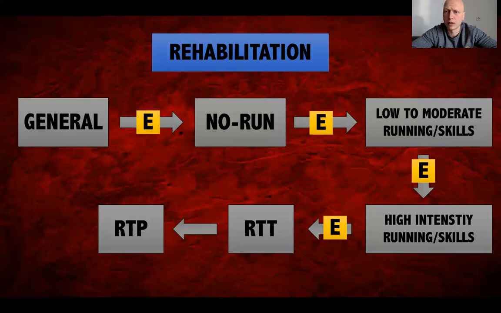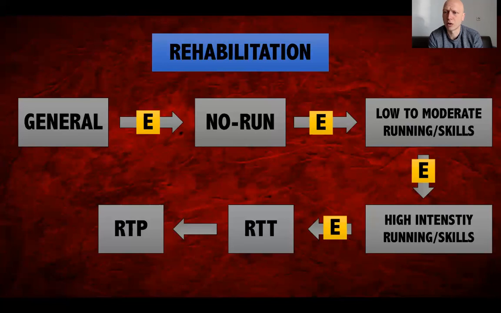Then later on we will evaluate again the strength and function of hamstring muscles, and then if everything is okay regarding that, we can progress to low and moderate running, and of course if we are talking about in-season process, players should also continue to work on their skills in a low to moderate intensity, which means some dribbling and shooting.